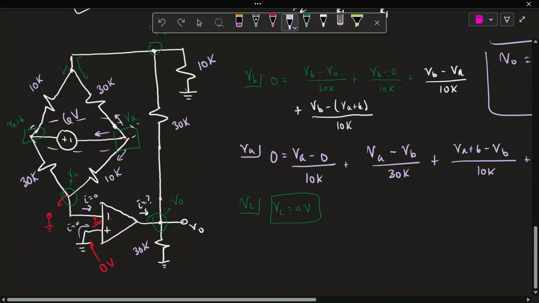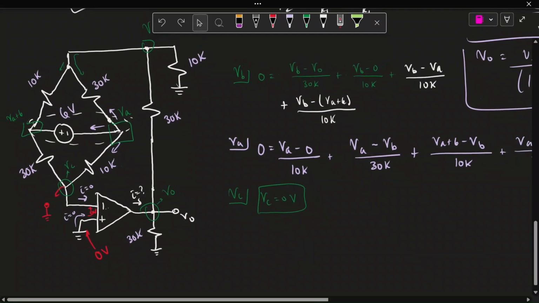Now, we do notice that VC is the virtual ground, essentially. Virtual ground means if one of the inputs for the op amp is connected to ground, the other input has to be ground, so they call it a virtual ground. And that's just because of one of the golden rules for ideal op amps.